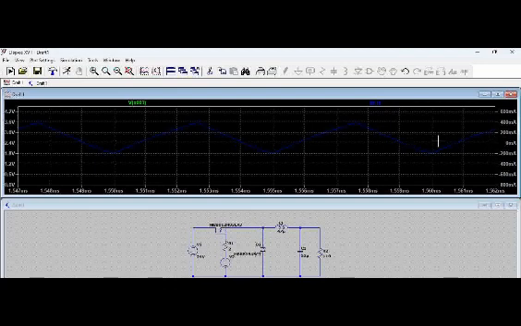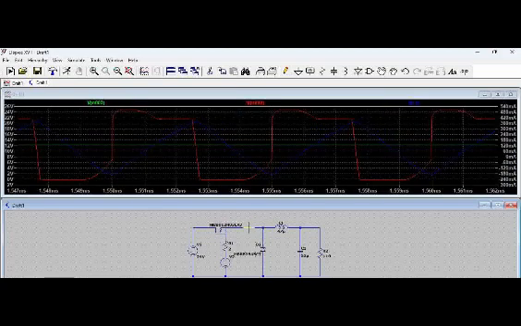So there is a variation of inductor current here. This is basically the ripple as we talked about. And also we can measure the voltage here. If you measure the voltage here, you can see this is nothing but the switching frequency, which is almost equivalent to the input that we are giving here.